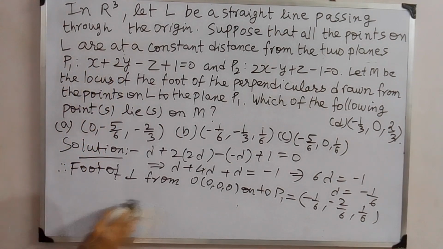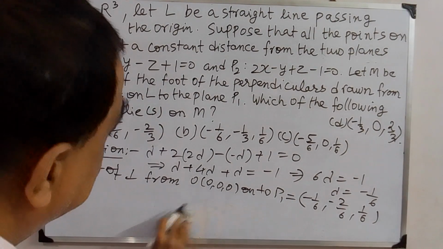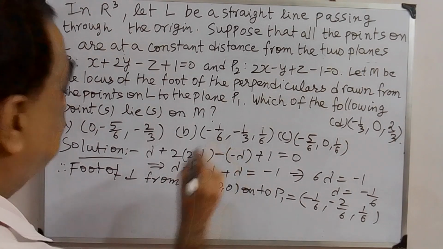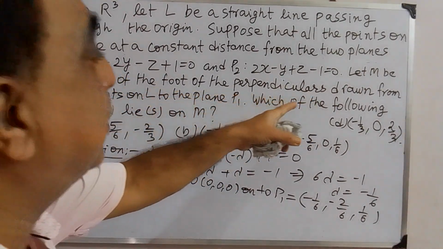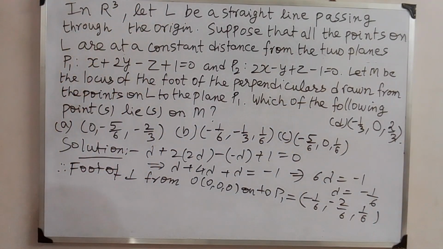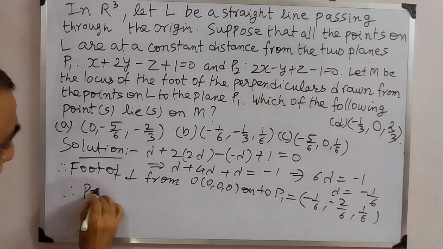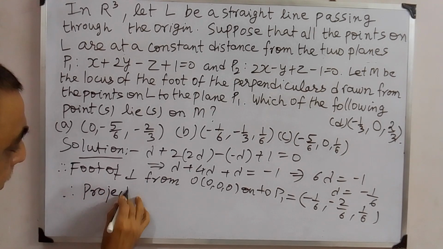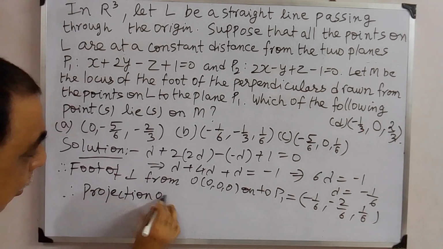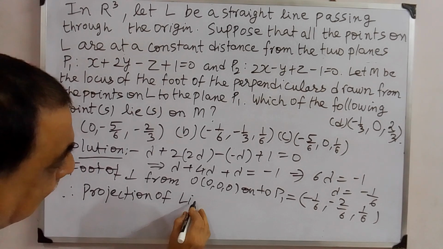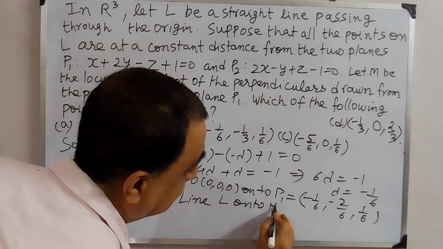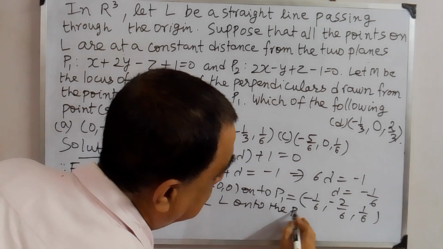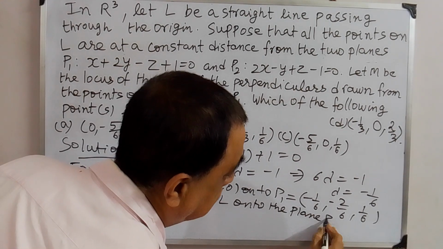Okay. So now what will be the locus of M then? M is the locus of the foot of the perpendicular drawn from this. So we now find the projection of line L onto the plane P1.